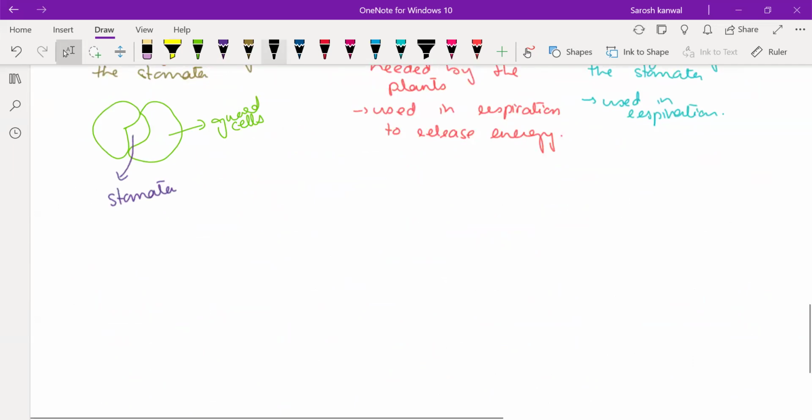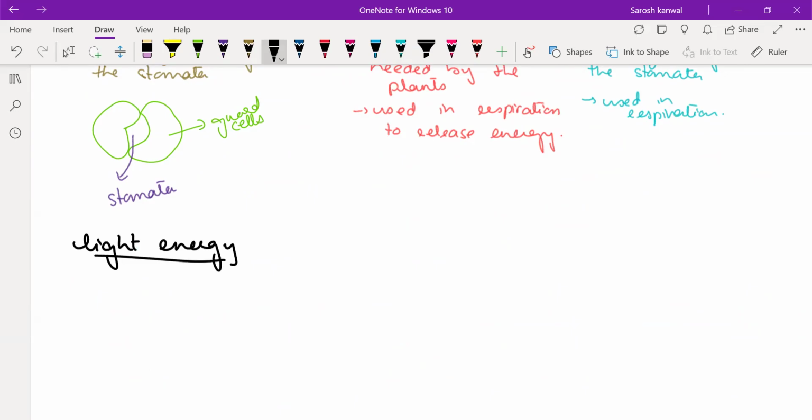Okay. Now we can see the light energy. We know that this light energy is obtained from the sun, right?